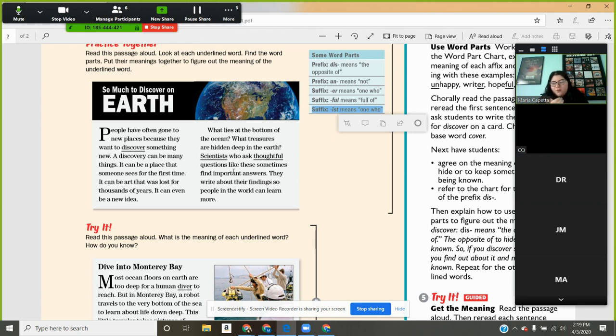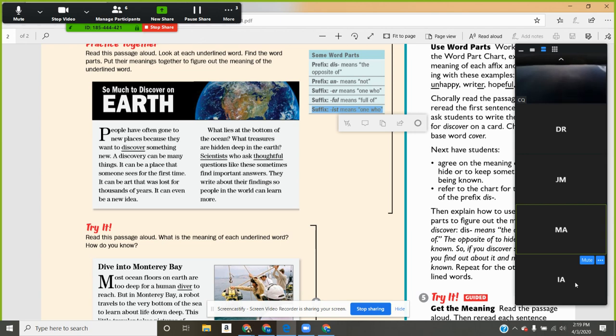Isaac, would you like to do thoughtful? What's the base word? Start there. Yep, thought. Perfect. And then does it have a prefix or a suffix? Good.